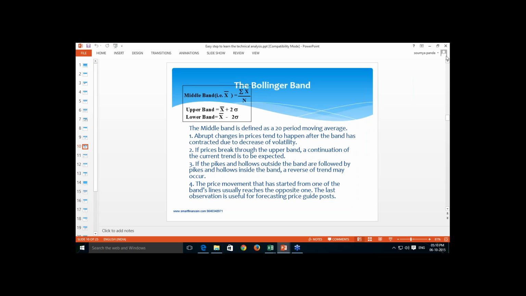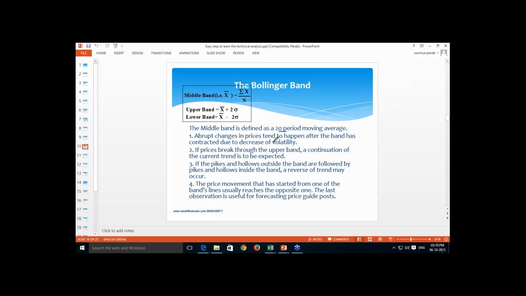So what are the assumptions, or what are the rules he has given? He has said that you can take a 20 period moving average to find the middle band. You can change it to 3 period, 5 period, or 10 period also.